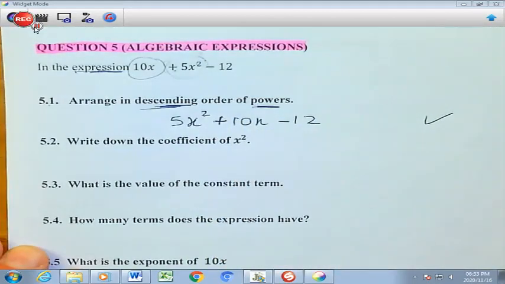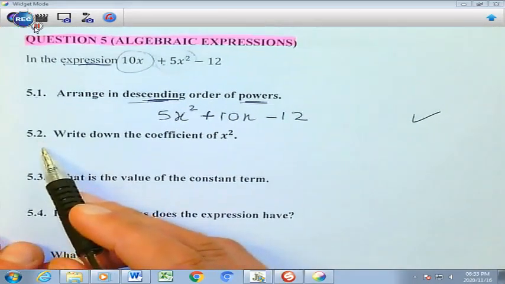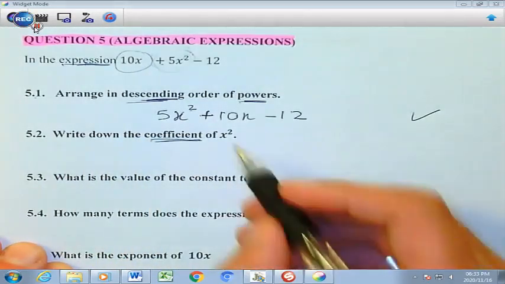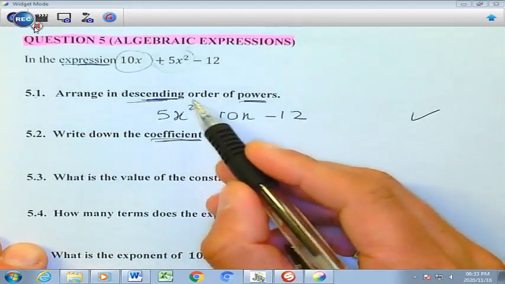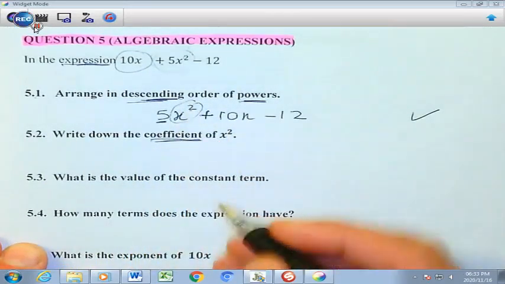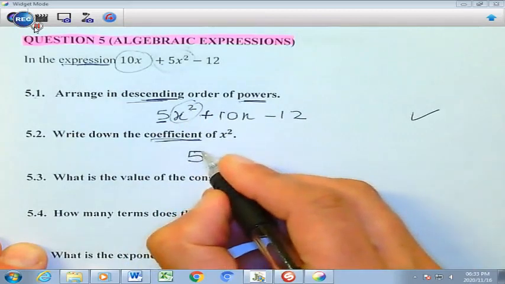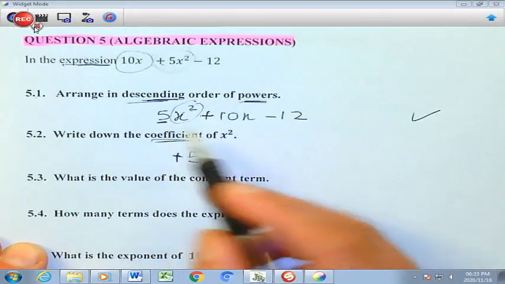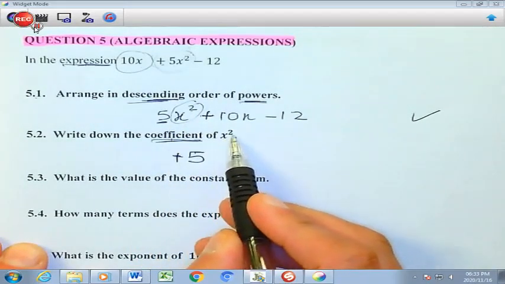Okay, let's look at the next one. 5.2, write down the coefficient of x to the power 2. The coefficient means the value in front of x to the power 2. That is positive 5, the coefficient, the value in front of x squared.